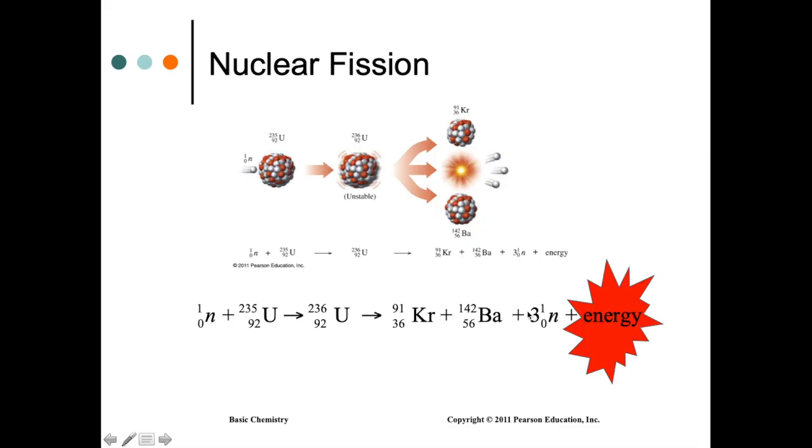I say this because when you're balancing your mass numbers and atomic numbers, you want to make sure that you take that coefficient into account. You want to take the mass and atomic number for our neutron and multiply them by 3 before adding them up. So 91 plus 142 plus 3 times 1, which is 3, will give us 236. Likewise, 36 plus 56 plus 3 times 0, which is still 0, will give us 92.